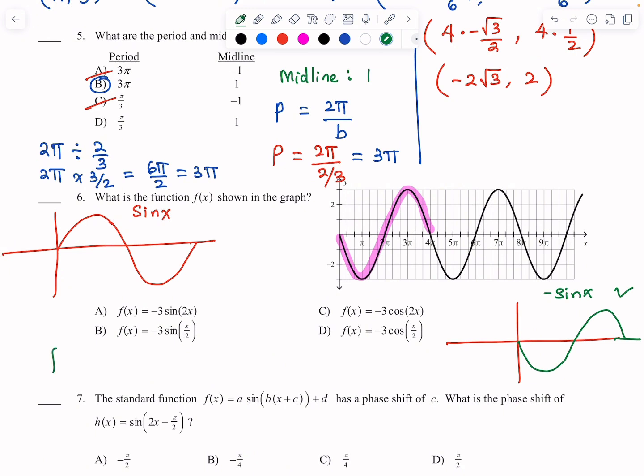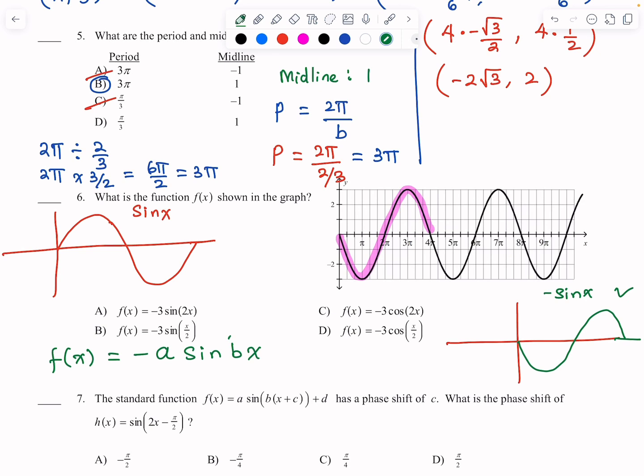So in that case, I have to know that my answer should look like this, because that's a reflection across the x-axis. So my answer should look like negative a, and then I should have sine of bx, just like that.